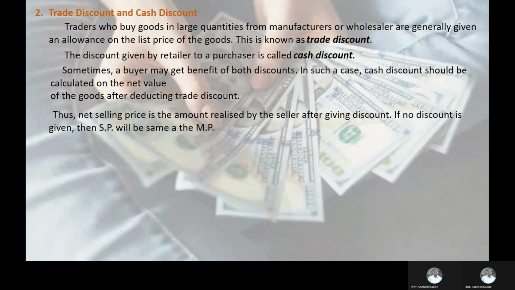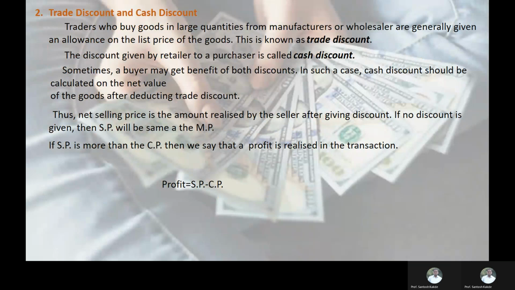Therefore, net selling price is the amount raised by the seller after giving discount. If no discount is given, then selling price will be same as the mark price. If the selling price is more than the cost price, then we say that a profit is raised in the transaction.